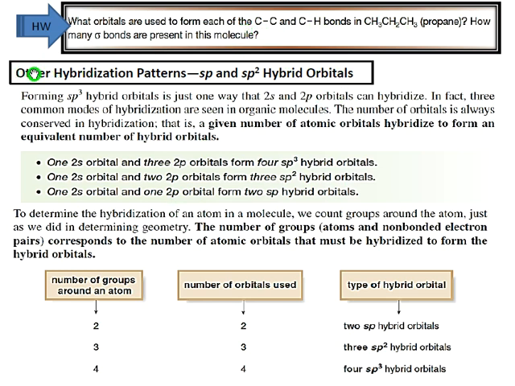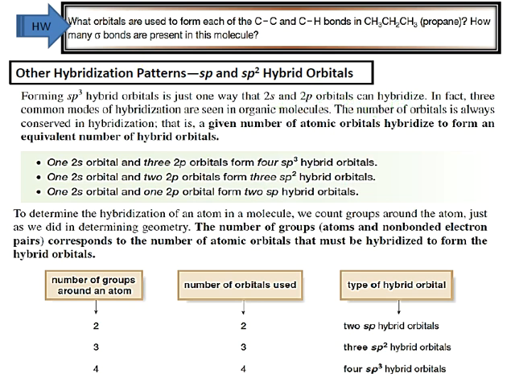And here are the other hybridization patterns, sp and sp2 hybrid orbitals. We took sp3, and here we have the sp and sp2 hybrid orbitals. Forming sp3 hybrid orbitals is just one way that 2s and 2p orbitals can hybridize.